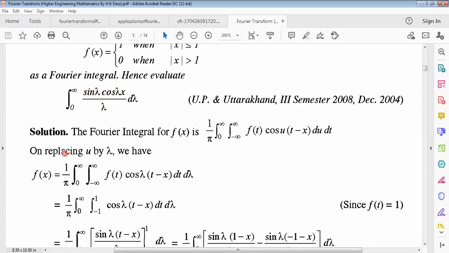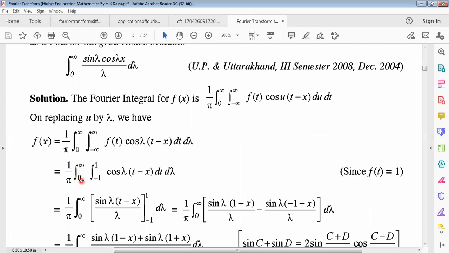Now on replacing u by lambda, we are just replacing the parameter u by lambda to fit this relationship. So f of x can be written as 1 by pi, integral 0 to infinity, integral minus infinity to plus infinity f of t cos lambda(t minus x) dt d lambda. Remember it. Now 1 by pi, integral 0 to infinity, integral minus infinity to plus infinity.